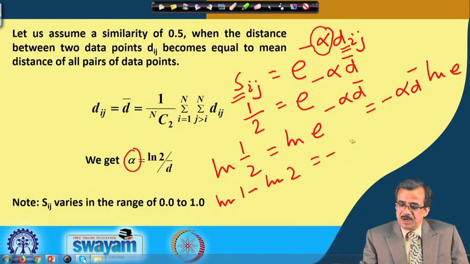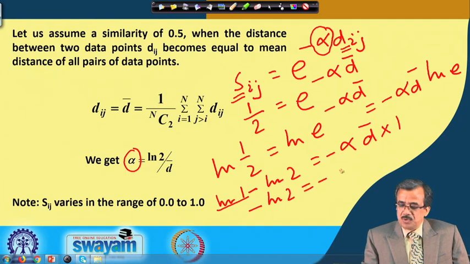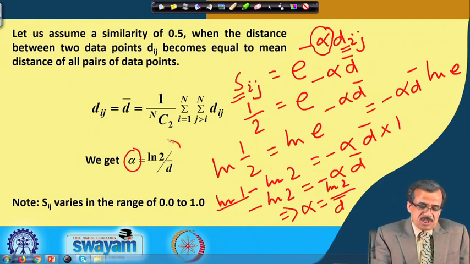Now, ln e, that is log e base e, equals 1, and log 1 equals 0. So, I can find minus ln 2 equals minus alpha d bar, and from here I can find that alpha is nothing but ln 2 divided by d bar, and this is the expression which I have written.